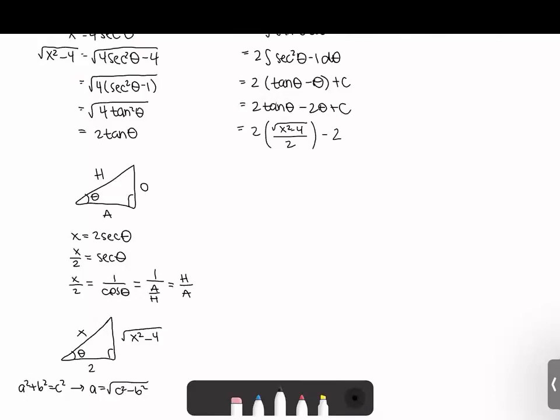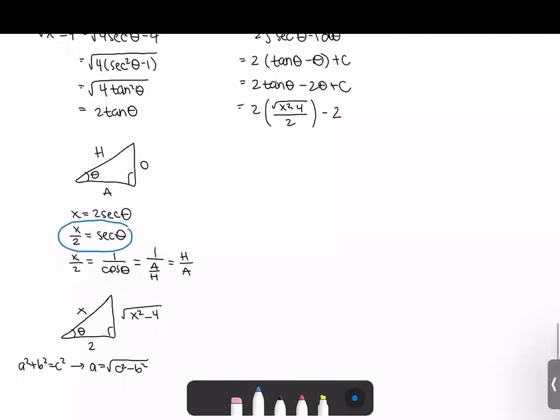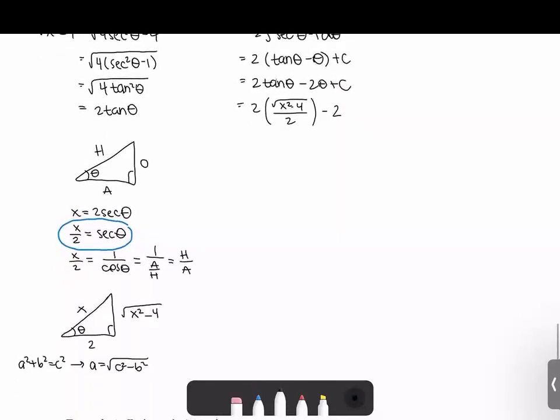There's multiple ways you can do it, but for now, I'm just going to use this equation that we had here. And to solve for theta there, I am going to just take the inverse secant. So when I take the inverse secant of both sides, that is going to give me theta.